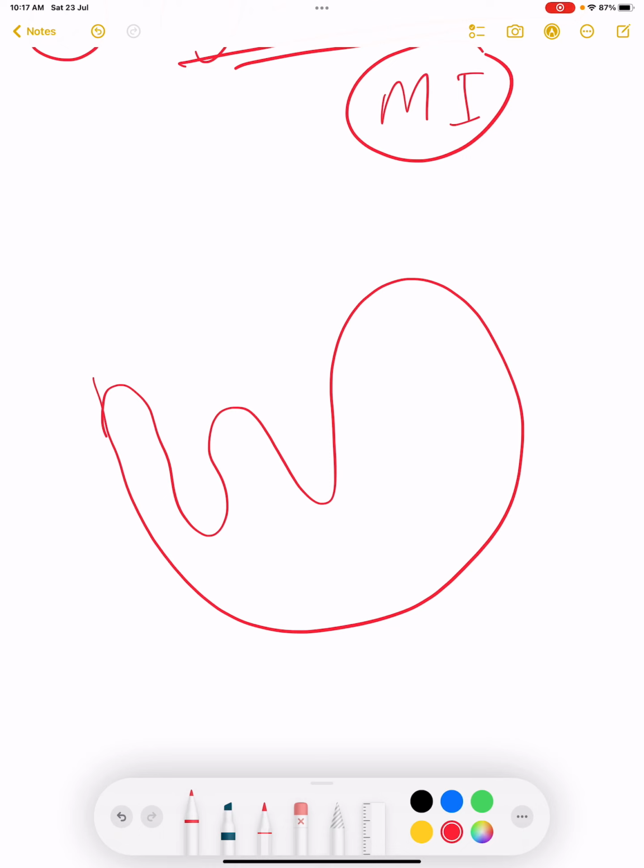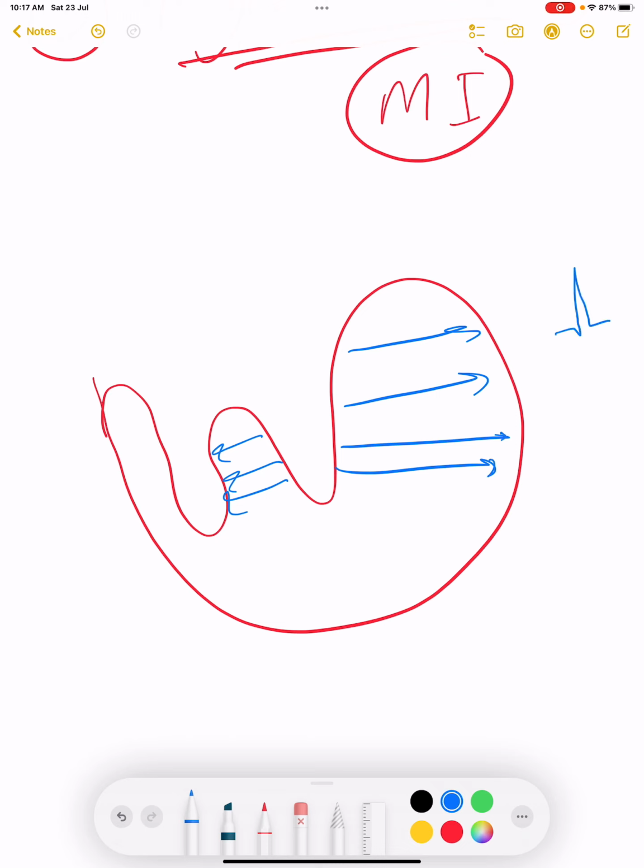Normally, as I told you, this was septal depolarization, this was ventricular depolarization, and there was a very small Q wave in lateral leads, but it was not significant, because this vector was opposed by huge vectors going opposite to it.